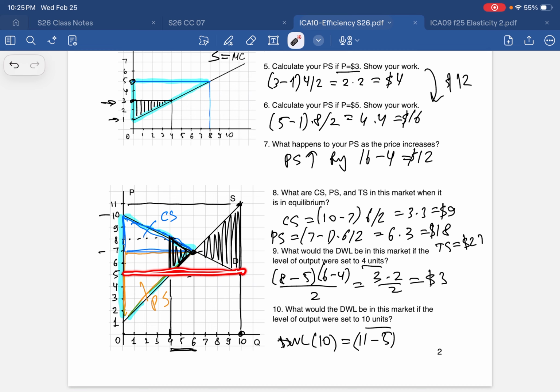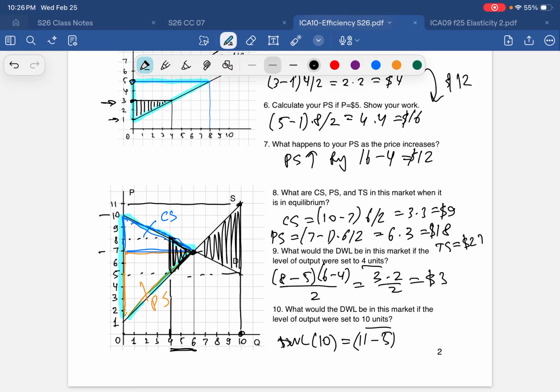This is how you get 5, right? Then times this distance, which is basically the height of this triangle. So 11 minus 5 times 10 minus 6. Don't forget to divide by 2. So it's going to be 6 times 4 divided by 2. So looks like $12 to me. All right, this is how you do it.